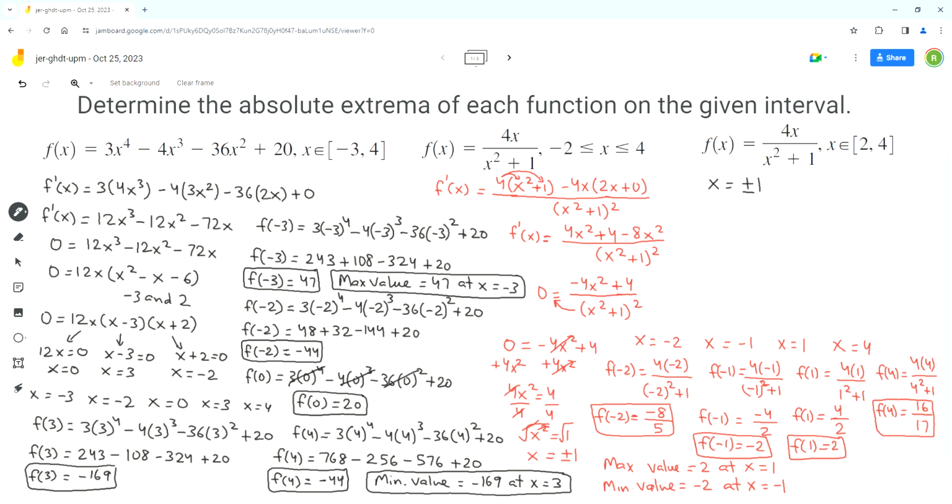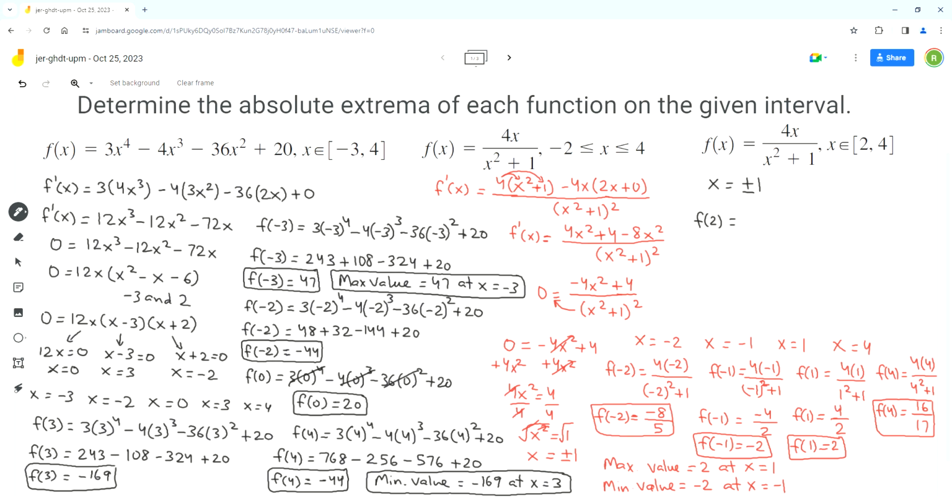Now these values plus and minus 1 do not lie in this given interval 2 to 4. So for this function we just have to do the analysis at x equals 2 and x equals 4.